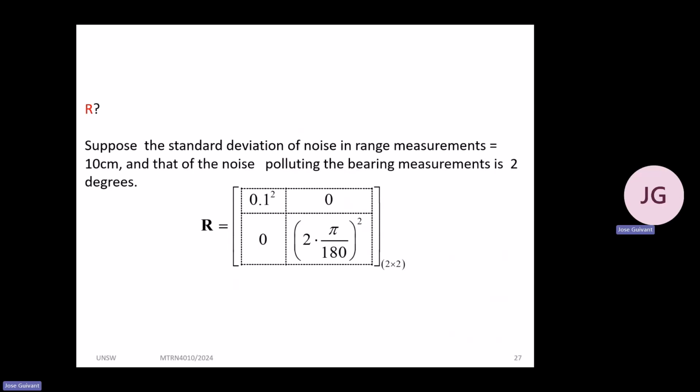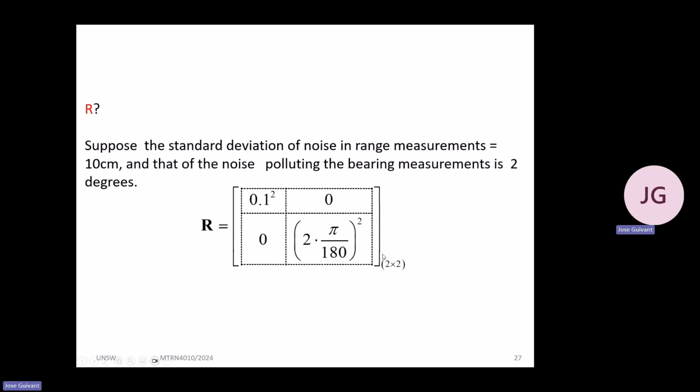It's white Gaussian noise, it's completely random, and it's white as well. And it's Gaussian, and it has a standard deviation of 10 centimeters. And because I'm using my calculation in meters, I put here the standard deviation 0.1.